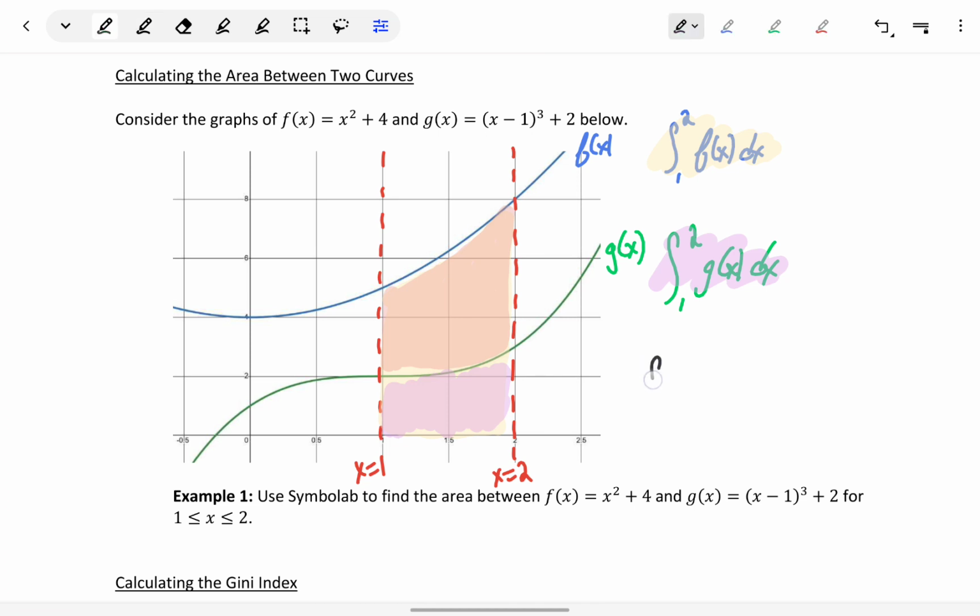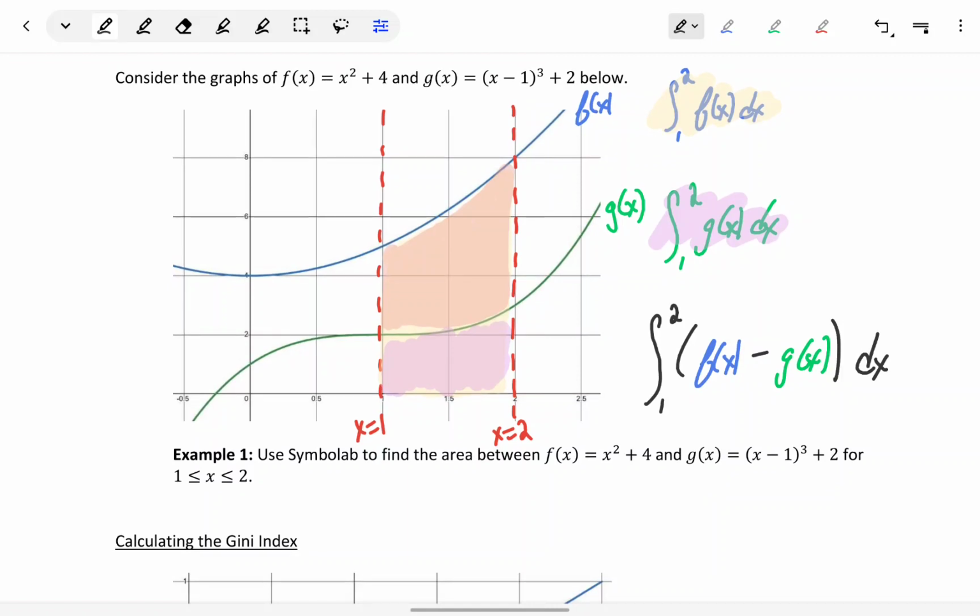And we could do that by finding the definite integral as x goes from 1 to 2 of f of x minus g of x dx.